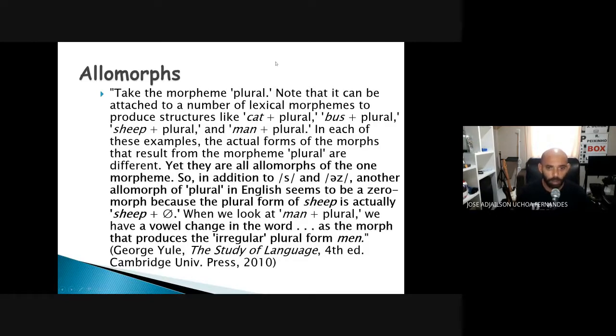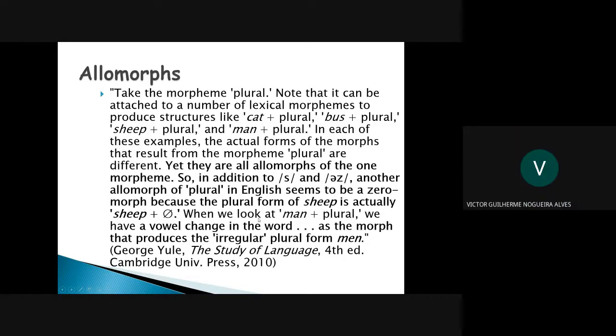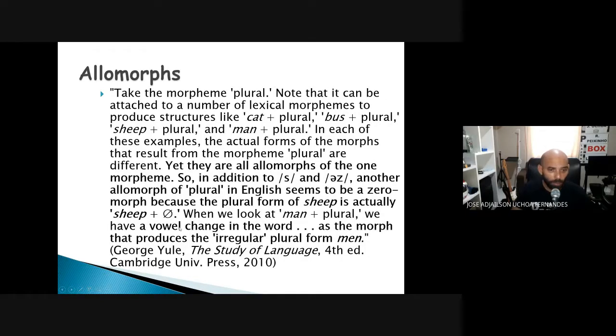So in addition to a final S or ES, another allomorph of plural in English seems to be a zero morpheme, because the plural of sheep is actually sheep plus zero. When we look at man, we have a vowel change in the word as the morpheme that produces the irregular plural form men. Okay, this is George Yule.